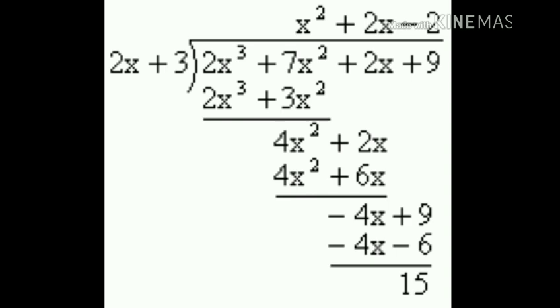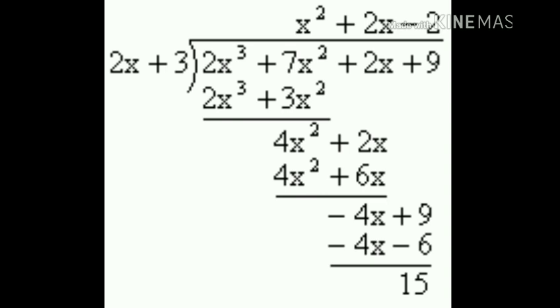You have 4x squared as your difference. You will still continue dividing, so you need to bring down the third term of the dividend, which is 2x. And now, start dividing.